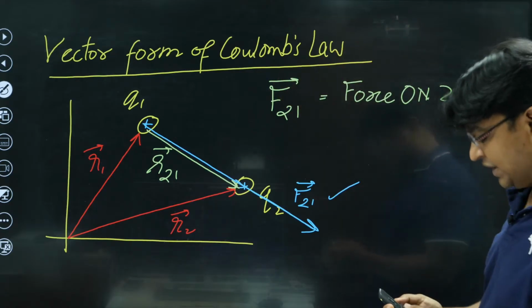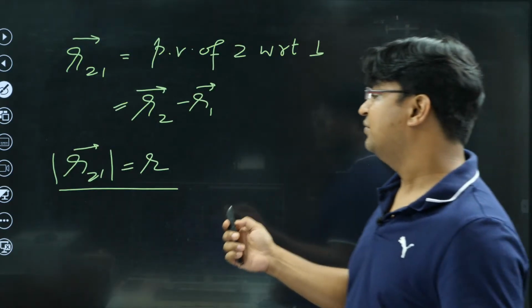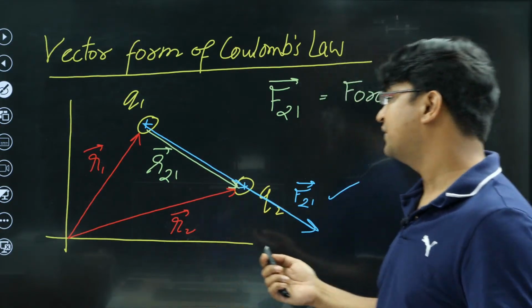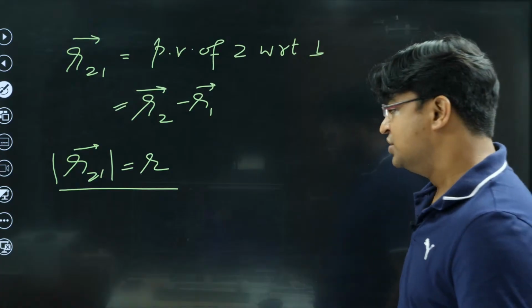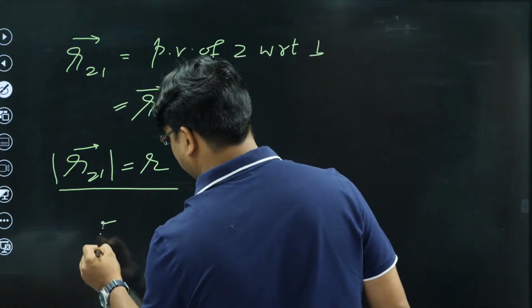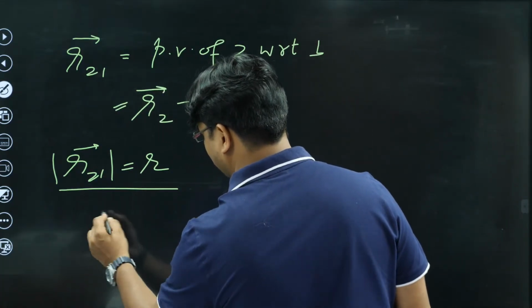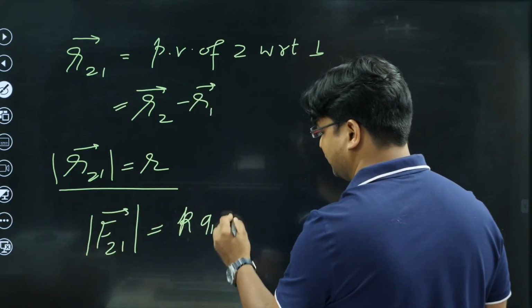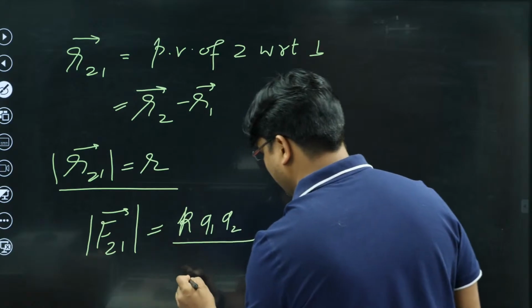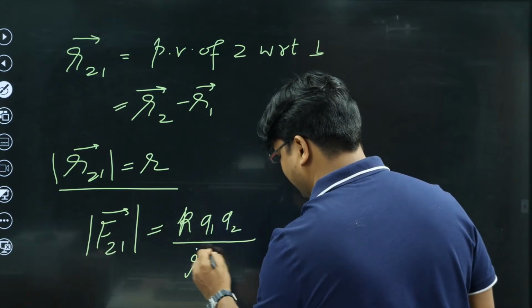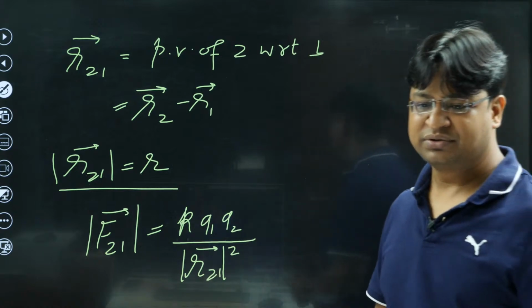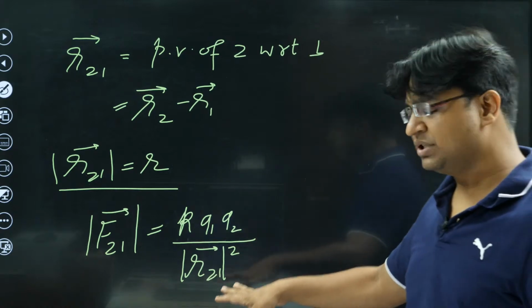We have also noticed that the distance between the two particles would be the magnitude of the vector r2 minus r1. So if I have to write the magnitude of the force F21, this magnitude would be K Q1 Q2 by the magnitude of R21 squared. Notice this. Are we good with this?